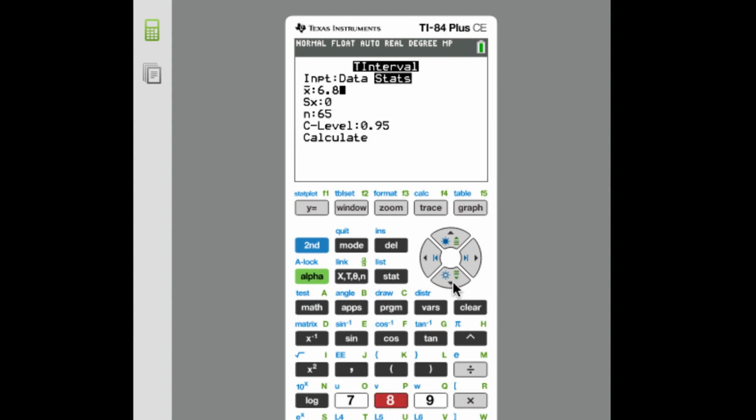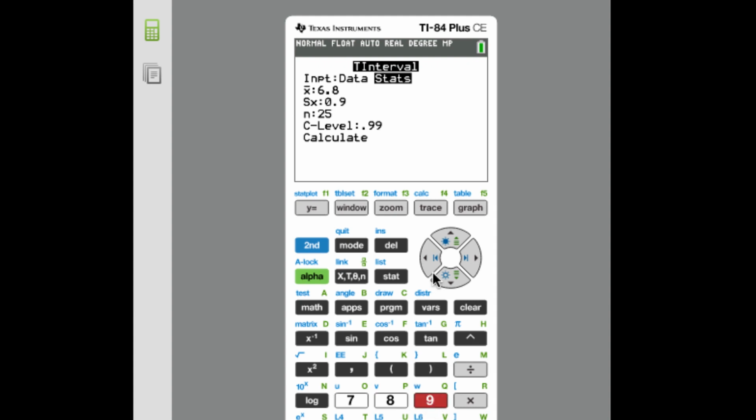You see this Sx? That's the sample standard deviation, ladies and gentlemen. What's the sample standard deviation? 0.9. What's the sample size? It's small. 25. Sometimes you have no choice but to take a small sample. What's the confidence level? 99.